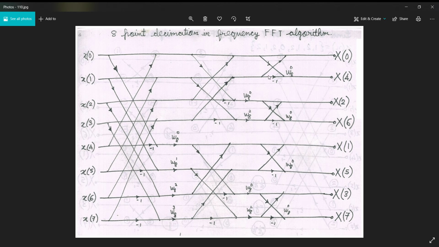In one sentence, we can say that whatever was at stage 1 in DIT has come to stage 3 in DIF, and whatever was at stage 3 in DIT has come to stage 1, vice versa. I hope you have understood. From stage 1 to stage 3 and stage 3 to stage 1, that has been the change from DIT to DIF.